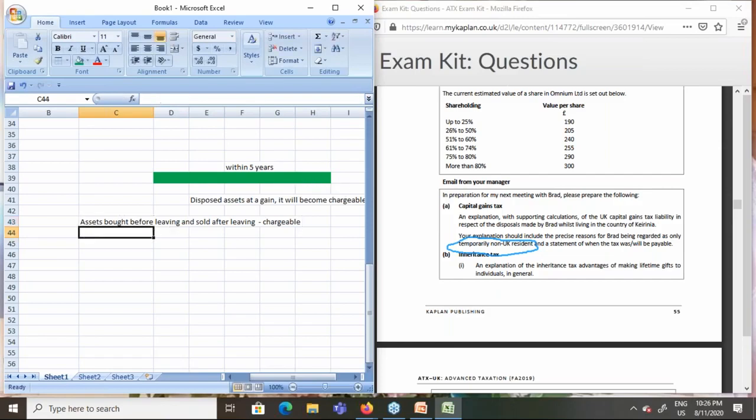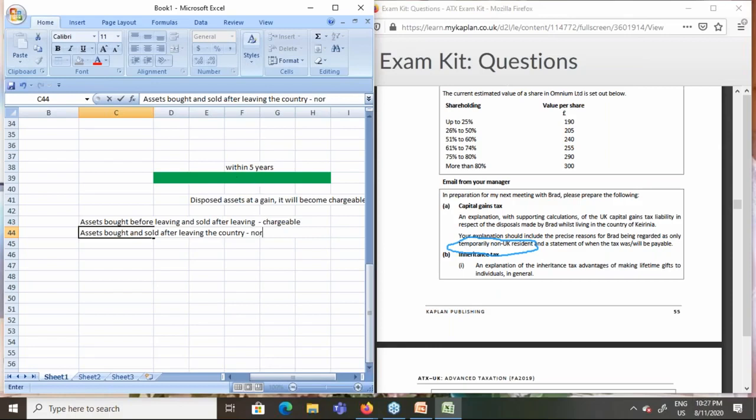There's another situation, assets bought and sold after leaving the country. That means the asset was not there when you left the country. You bought it while you were absent from the UK and sold it also while you were absent from the UK.